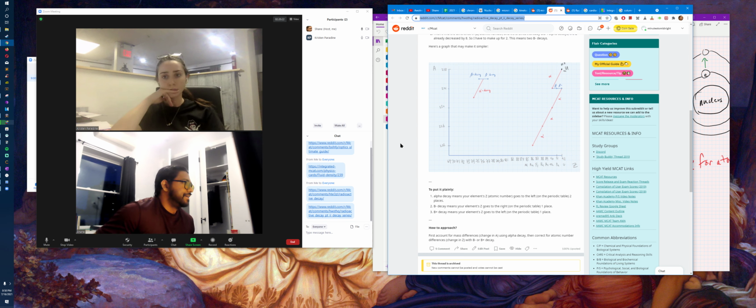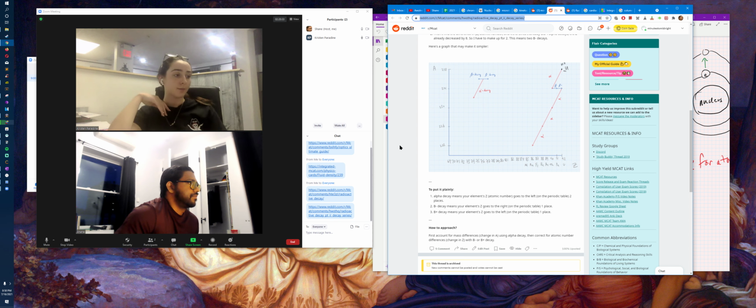A neutron star is essentially the hardest substance in the universe. I definitely did not know that. It's like the size of Manhattan, but with the weight of a star.